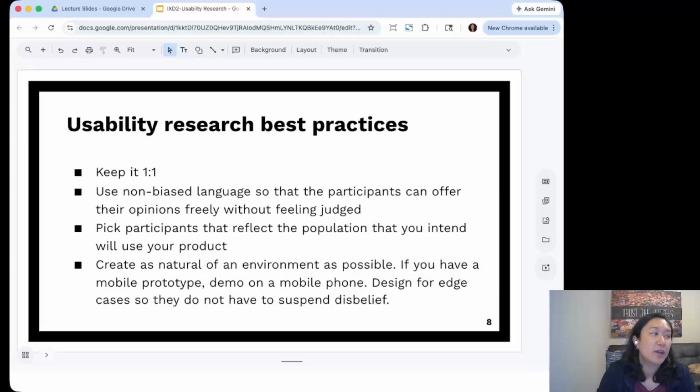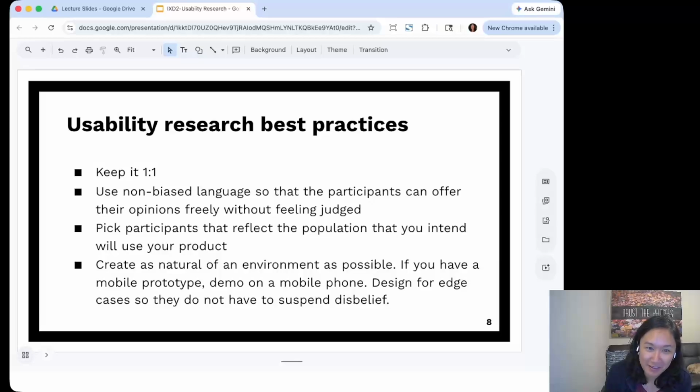And then when it comes to running these sessions in person, you want to make sure that the environment is as natural as possible. In the case that you are prototyping and trying to test a mobile design, make sure that folks are actually testing the mobile design version on a mobile device rather than opening your mobile designs on a desktop.